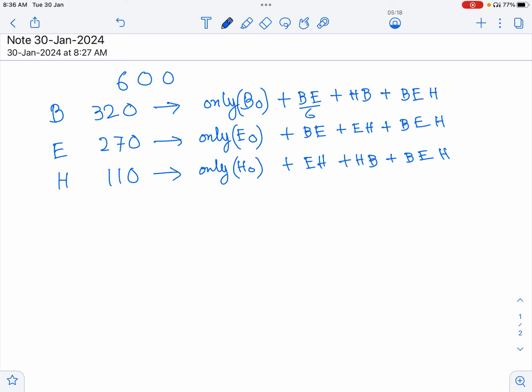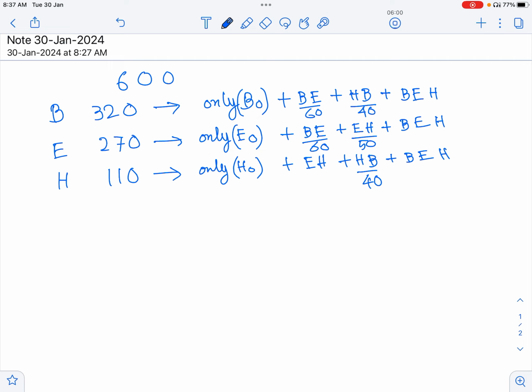So for BE it is 60, and the number of those students who learn Hindi and Bengali is 40. It is given. And the number of students who learn English and Hindi is 50.